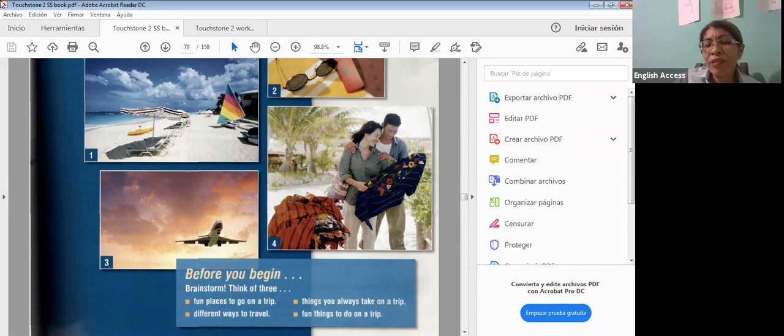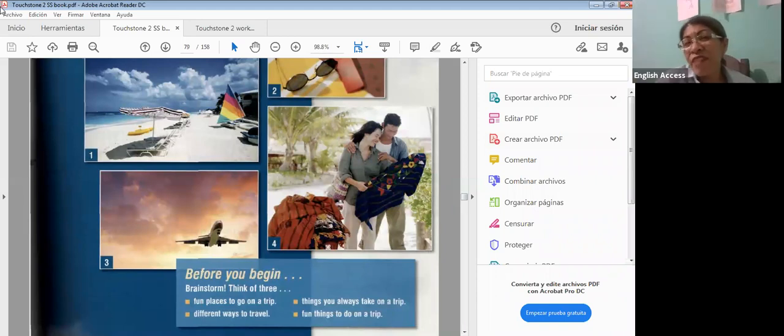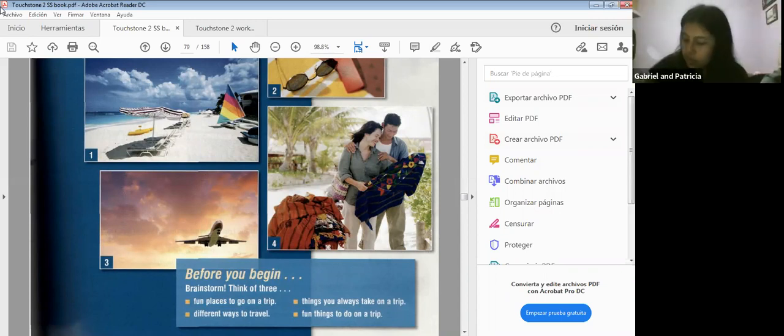How about the beach, the forest, the mountains? Or if you want to, you can specify maybe a city or a country, you can say Costa Rica, Hawaii, Cuba.